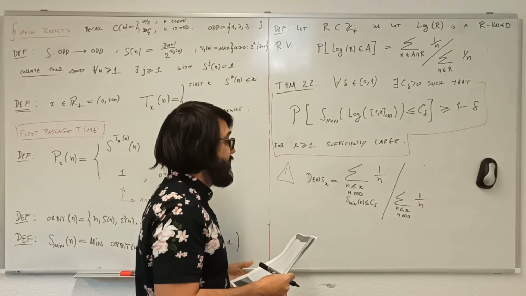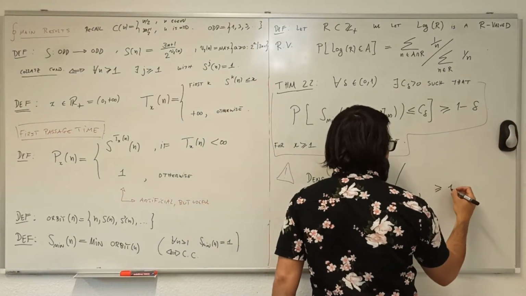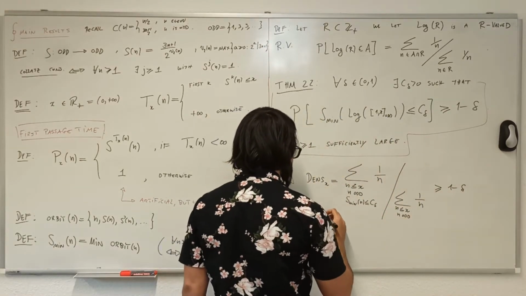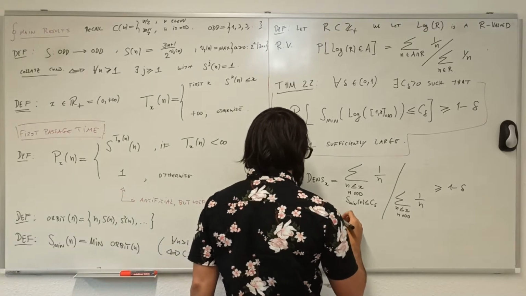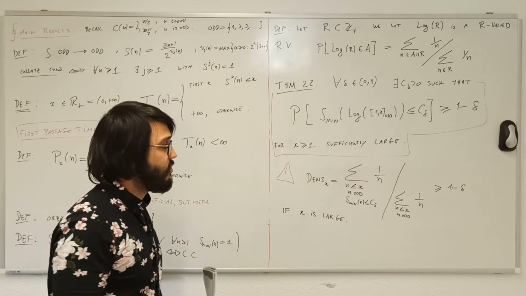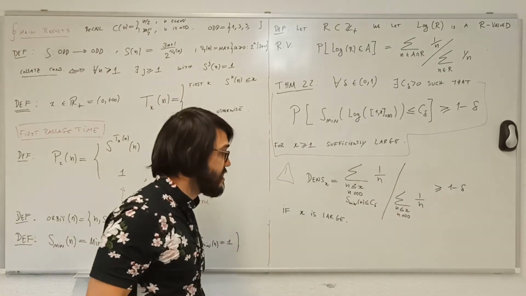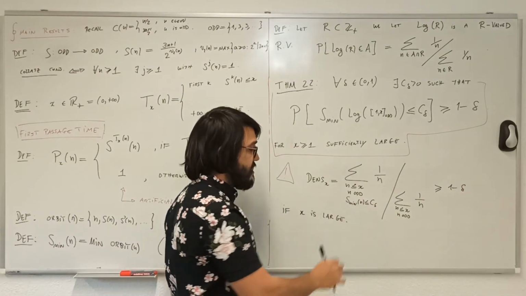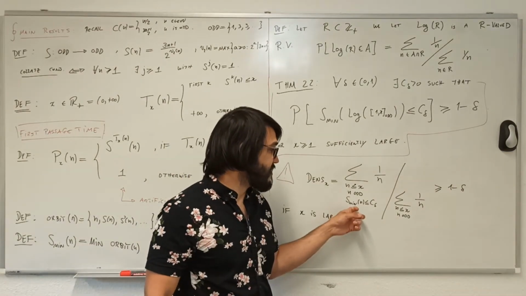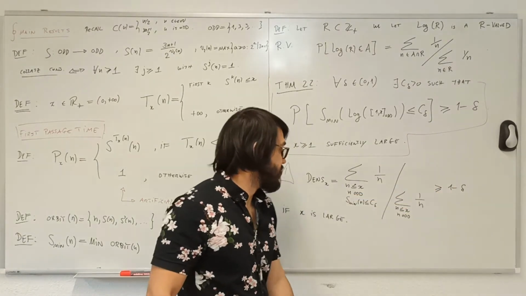What he's saying is that this thing is greater or equal than 1 minus delta if x is large. That's what he's saying, that for every delta, as close as you want to 1, I can find a constant such that the density of the integers that eventually get below that constant is greater or equal than 1 minus delta.